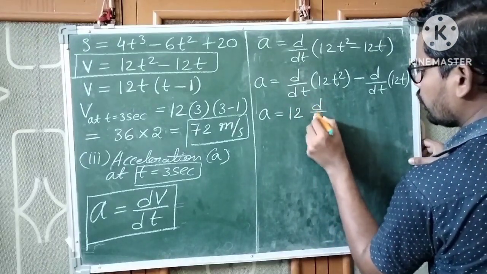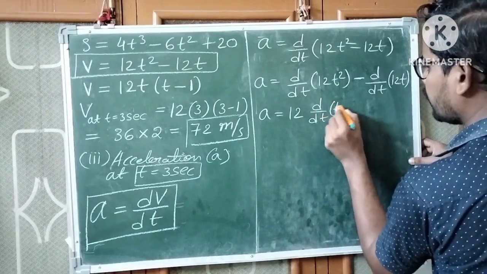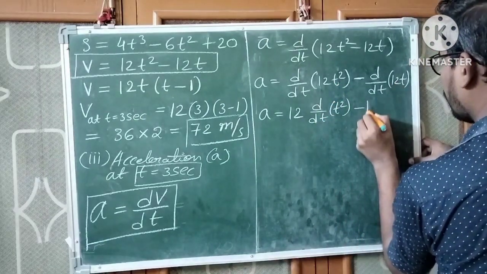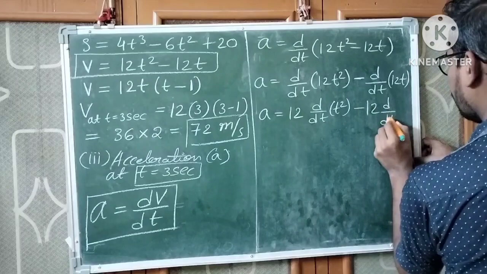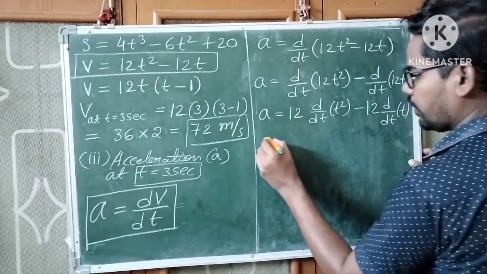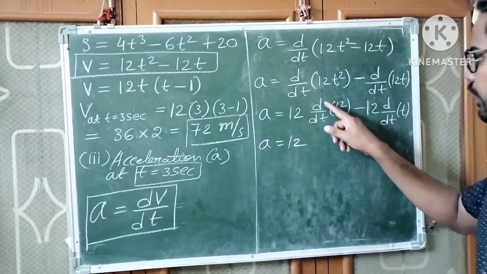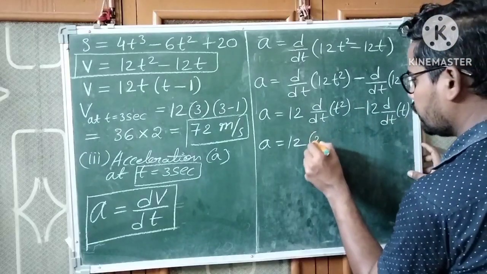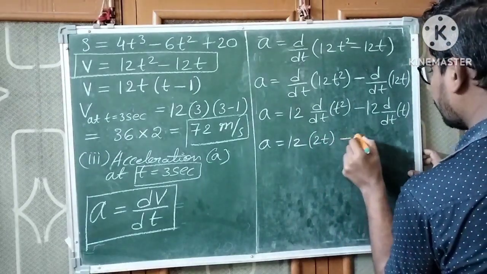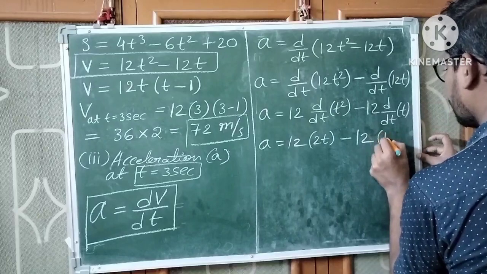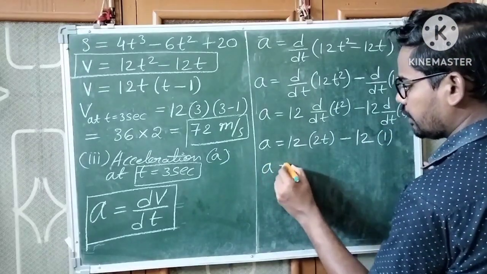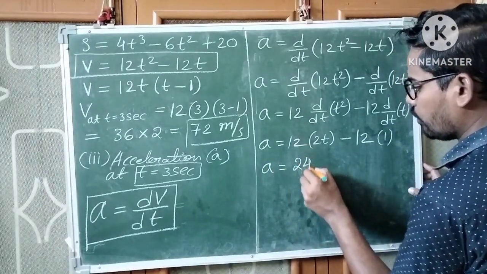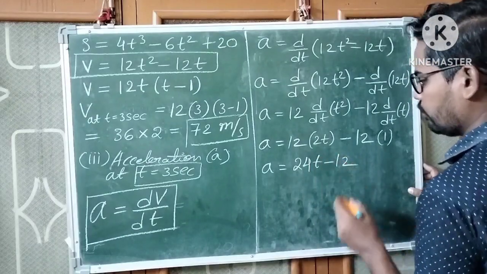So a is equal to 12 into d by dt of t square, the derivative of t square is 2t, minus 12 into the derivative of t, which is 1. So a is equal to 12 into 2 is 24, minus 12.